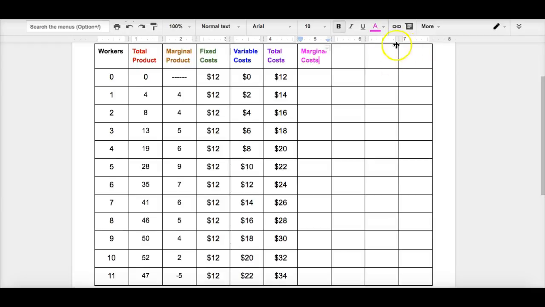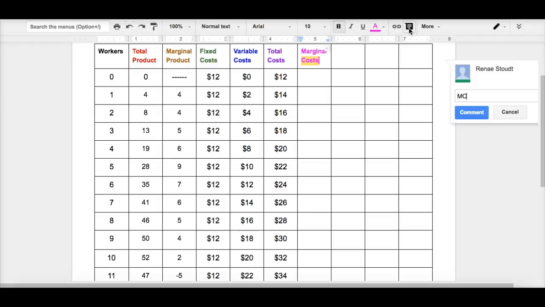So marginal costs is a little tricky to do. It's not impossible. Now, marginal cost, the equation that you're going to write at the bottom is going to be marginal cost at 1 worker is equal to the total cost at 1 worker minus the total cost at 0 workers, all divided by marginal product at 1 worker. Now, if that sounds and looks really confusing, I will write it out this way.